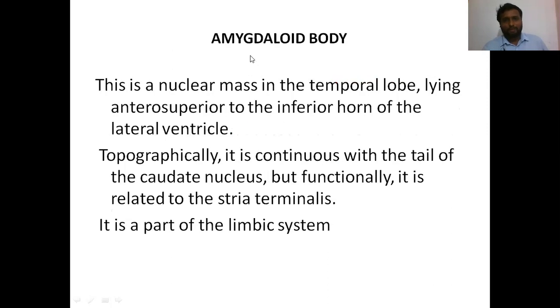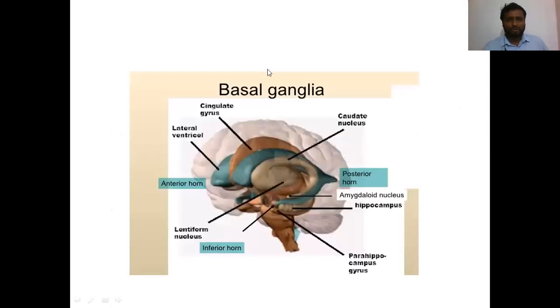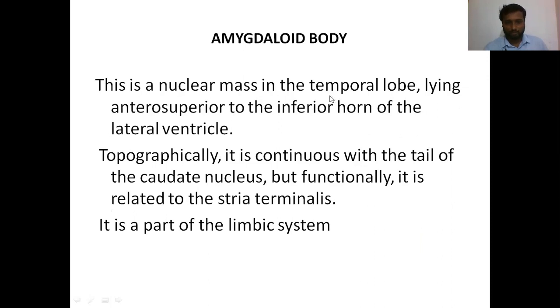Now the amygdaloid body. What is meant by the amygdaloid body? It's a nuclear mass seen here at the inferior horn. This is the lateral ventricle and its inferior horn. Above the inferior horn, we can see a rounded nuclear mass which comes in contact with the tail of the caudate nucleus. It is seen in the temporal lobe, anterosuperior to the inferior horn.